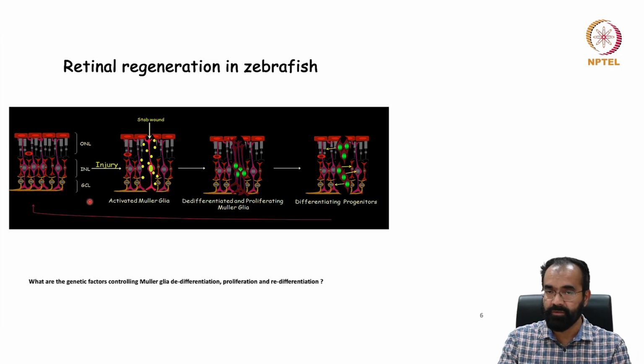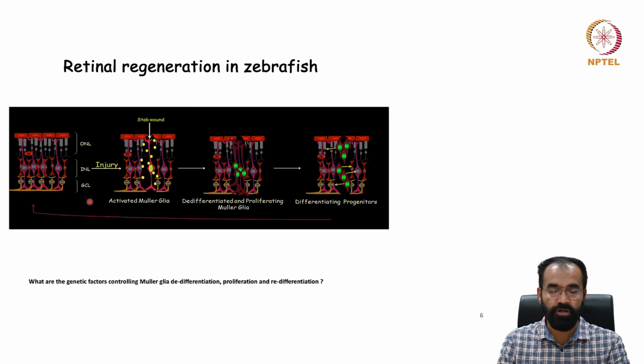The whole process will be done with a 30 gauge needle poke. So what you understand from here, because of injury, they are restoring the normalcy in around 3 weeks time. It involves a lot of factors, and it raises lots of questions. What are the genetic factors controlling the Muller glia's dedifferentiation or reprogramming and its proliferation?